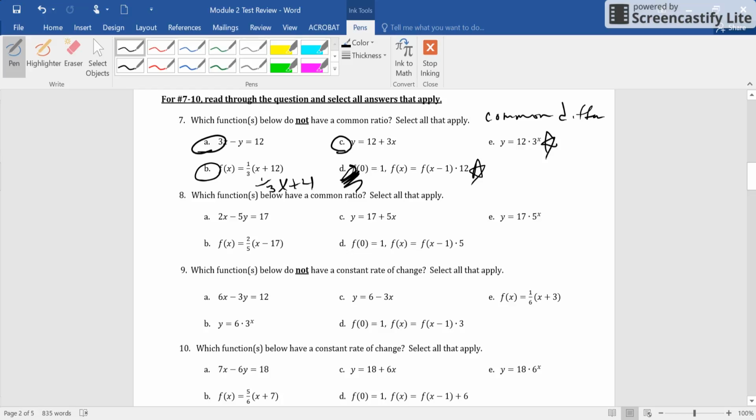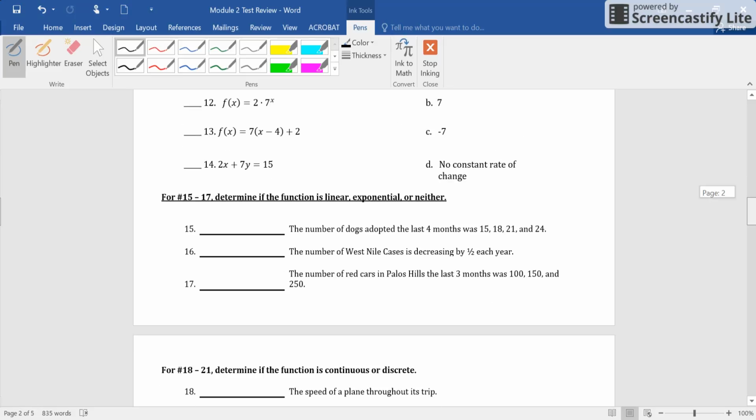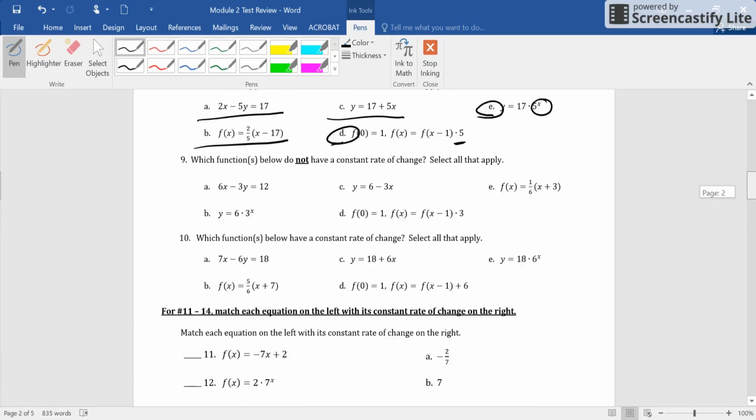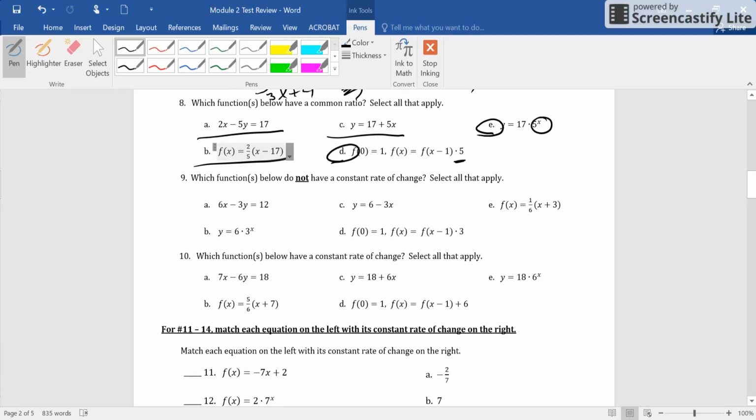Okay, here, which of the following have a common ratio? So I'm going to try to find the ones. This one has a common ratio. It's recursive and it's multiplying by 5. And this one is exponential also. It has a common ratio because I have that x in the exponent. These are all linear. Okay, so now this says which do not have a constant rate of change.